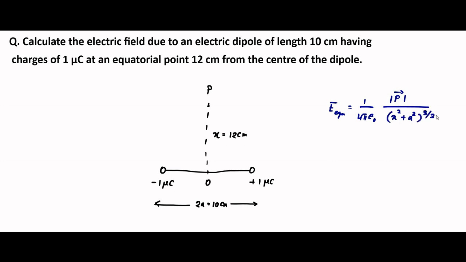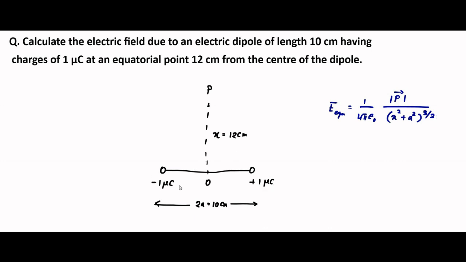We have already derived this expression, so please check the electricity and magnetism playlist and watch the videos related to electric field due to dipole along the axial and equatorial lines. There we have derived the whole thing.